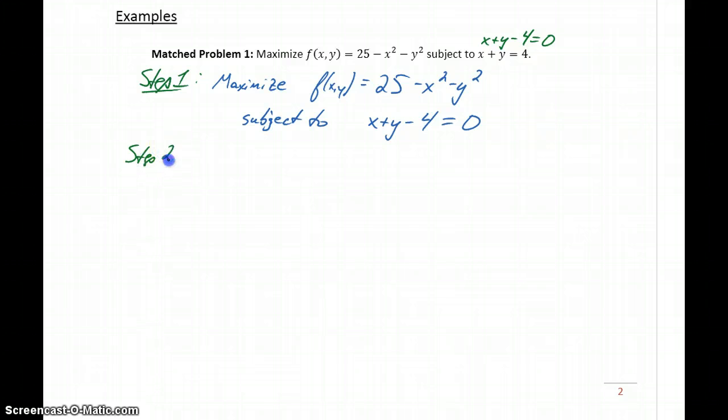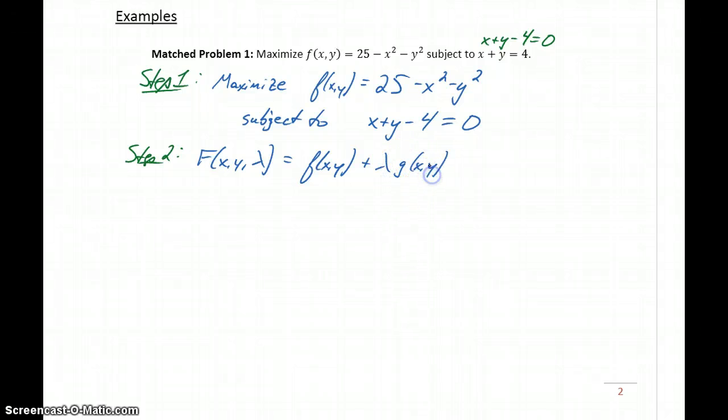In step 2, we need to construct that equation, capital F of x, y, lambda, which is f of x, y plus lambda times g of x, y.